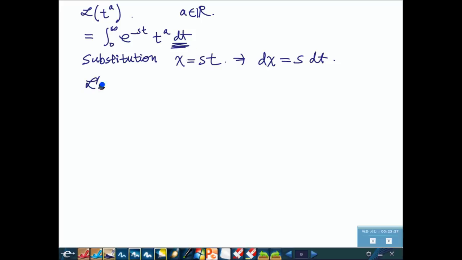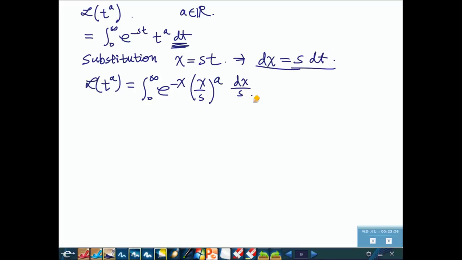So the Laplace of t to the a becomes the integral from 0 to infinity, e to the minus st is e to the minus x, right? And t is x over s, right? t to the a is x over s to the a, and dt is dx over s. Okay? So by the substitution, that integration becomes this way.